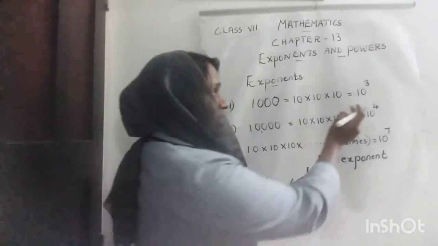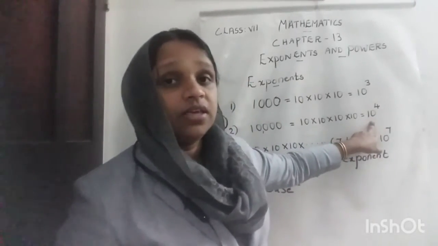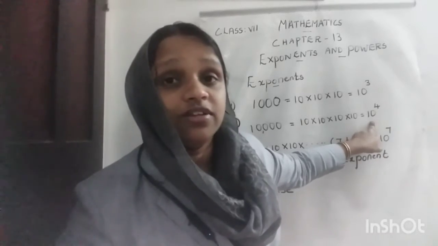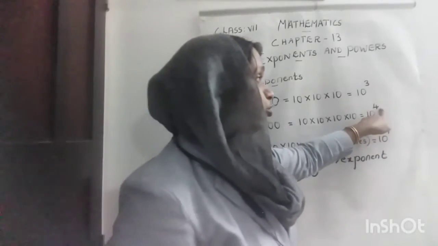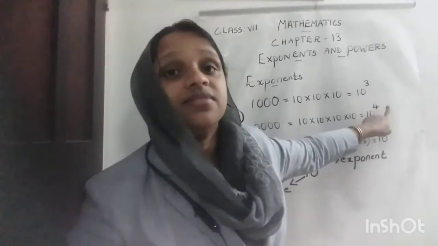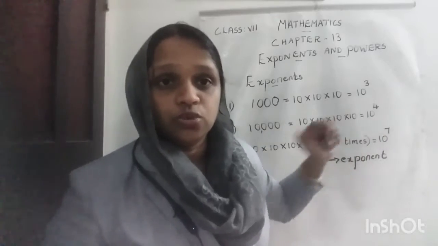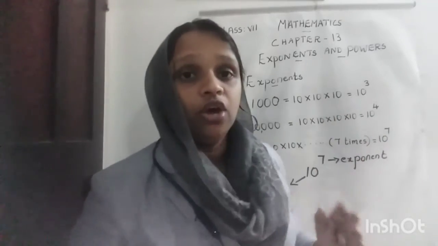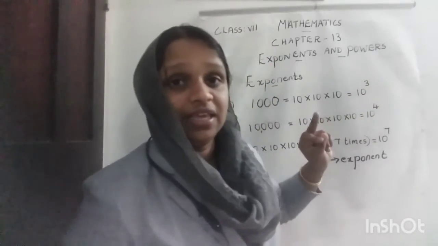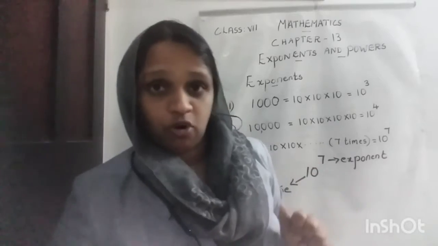Now see this 10 raised to 4. Here 10 is the base and 4 is the exponent. And how to read this? Yes, 10 raised to 4, the same number repeating 4 times. Now see this 10 raised to 3. 10 is the base and 3 is the exponent.